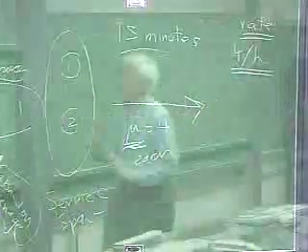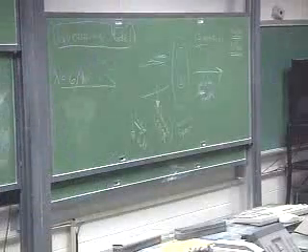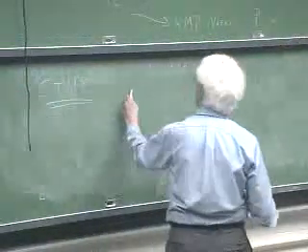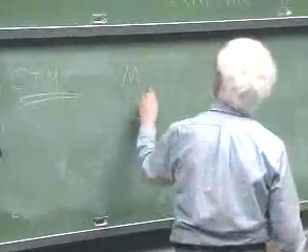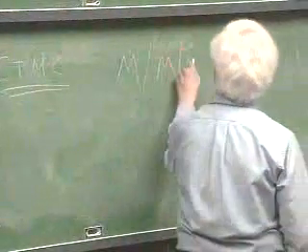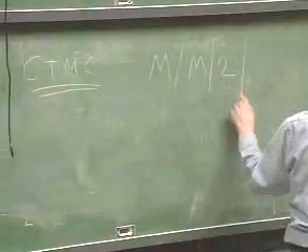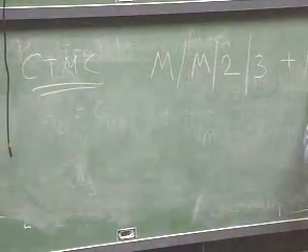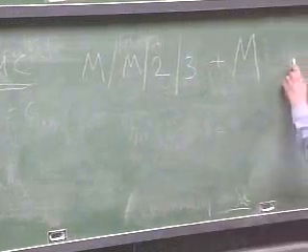So what I want to move toward is the continuous time Markov chain model. And that's an M/M/2/3 plus M model.